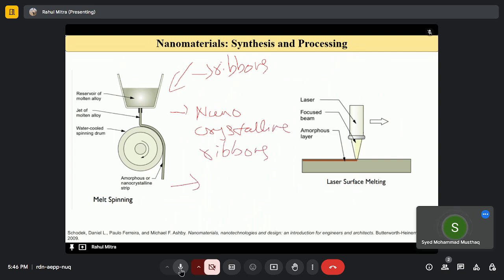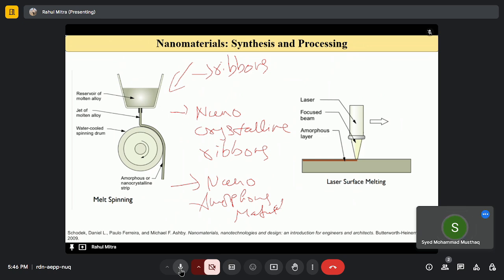And the second one is, sorry, not nanocrystalline, it should be nano amorphous material. Just as I mentioned before, depending upon the temperature or the heat, the cooling rate, we can form glasses. We can form glassy materials, which is the amorphous one.